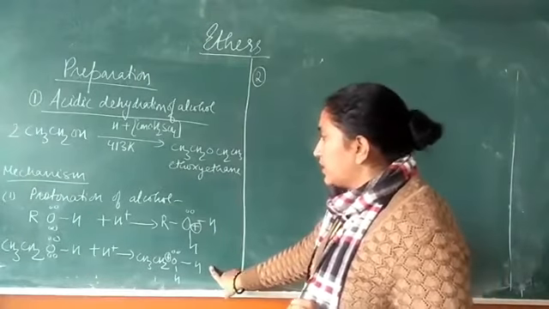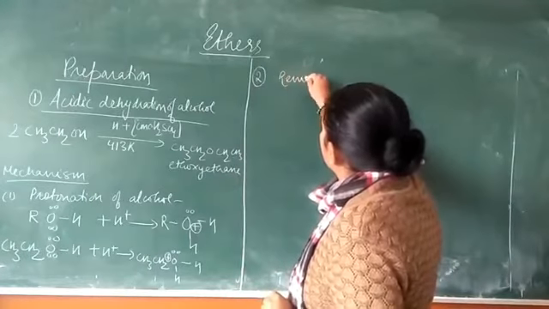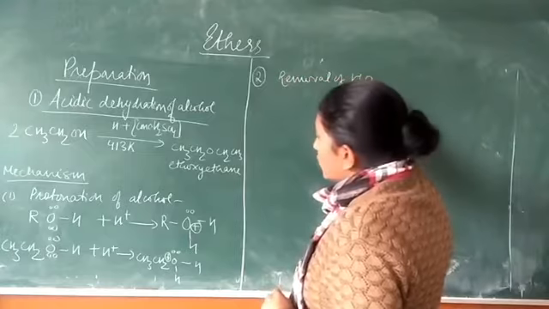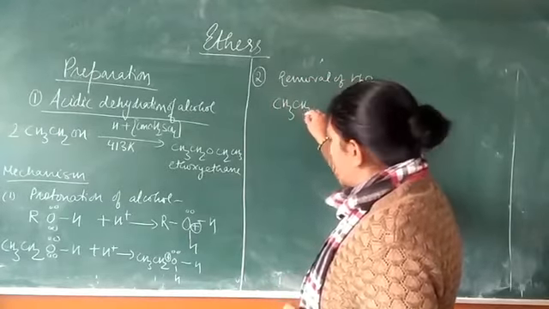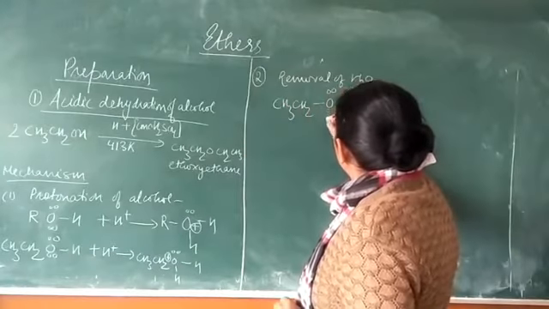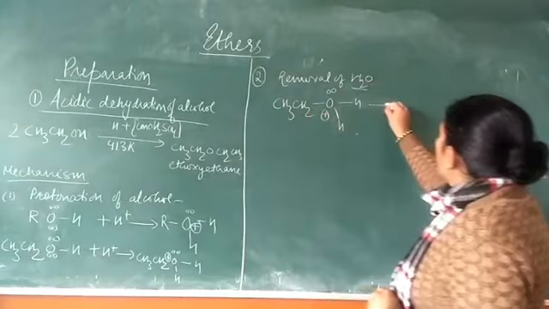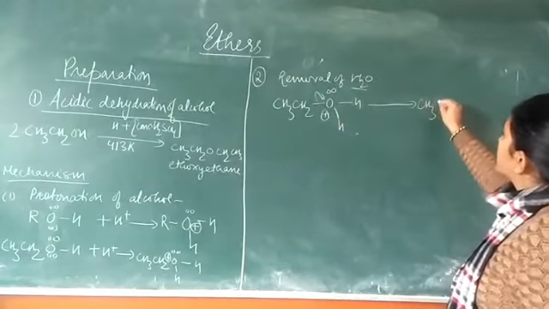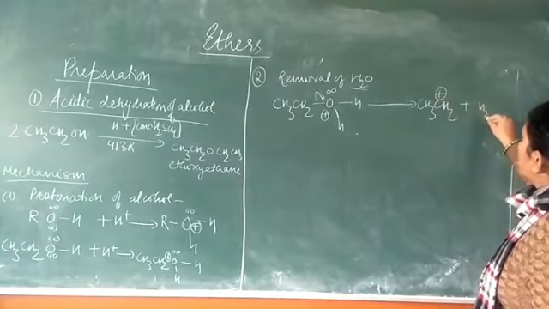In this part there will be removal of H2O. Student, what are we going to get? It is CH3CH2 with hydrogen. What we obtain here is CH3CH2 positive, and this water gets removed.